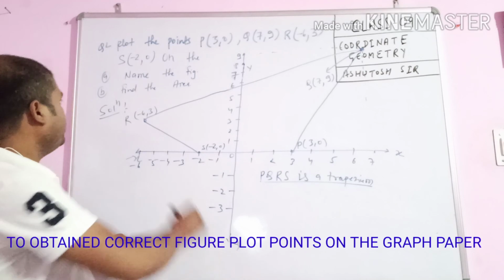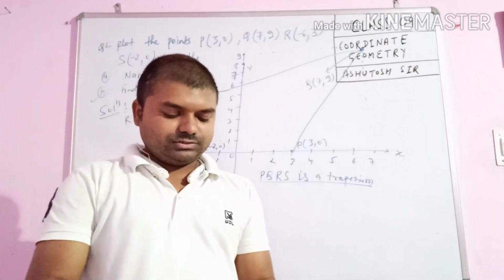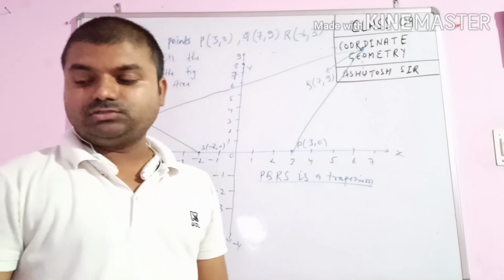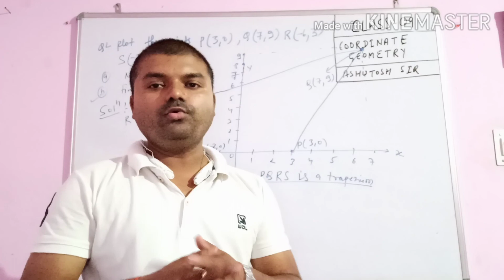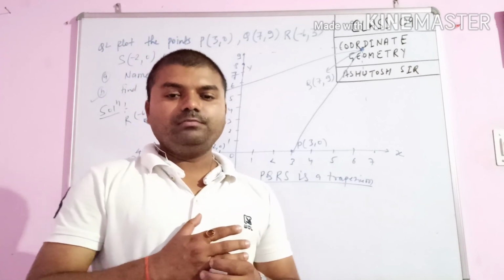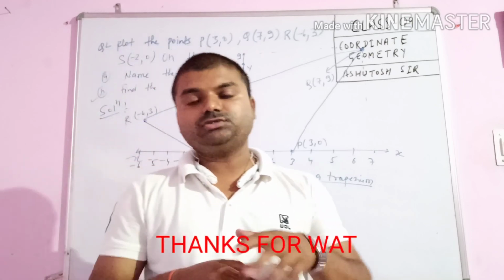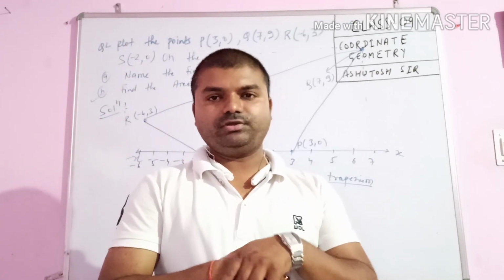So find the area by yourself, and you have some questions like this in your book. Solve them, and then we will solve some different types of coordinate geometry questions related to missing coordinates in the next video.